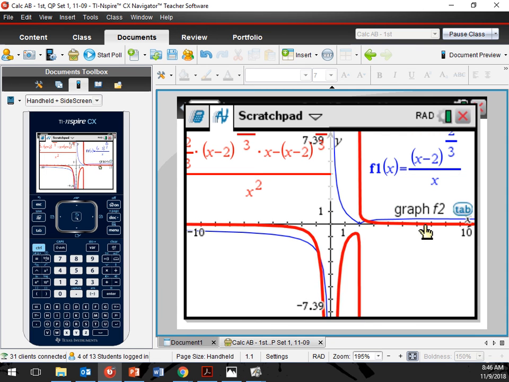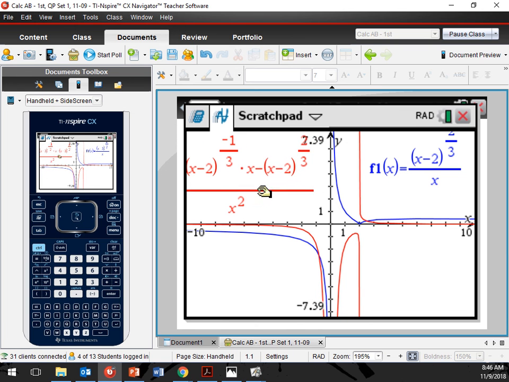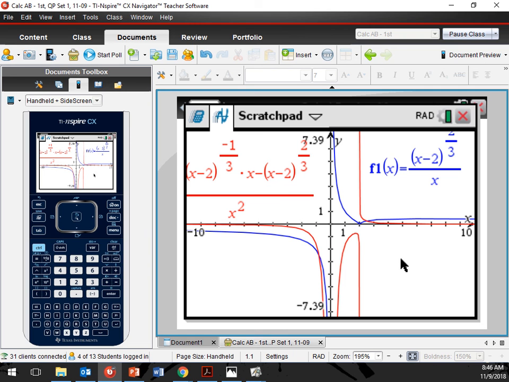Right here at 6, this is the point where my slope is equal to 0, isn't it? Yes, my slope is equal to 0 here. And then 2 is going to be undefined for this, and undefined for 0. Does that make sense? Are we okay on this?